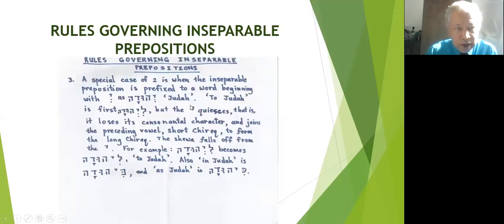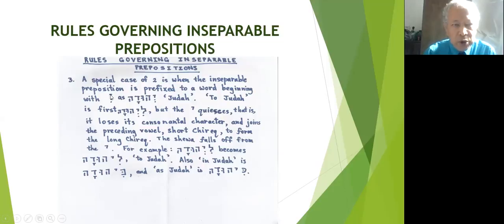Rule number 3. Okay, we're getting now to the quiescent letters that I was talking about a few minutes ago. A special case of rule number 2 is when the inseparable preposition is prefixed to a word beginning with yod.